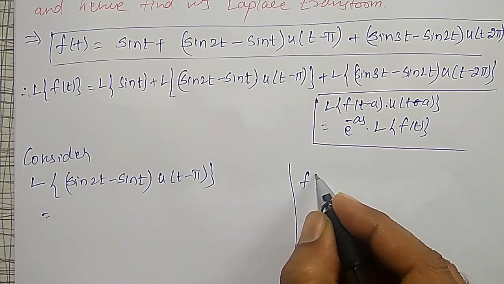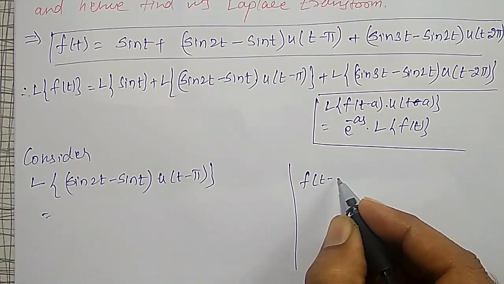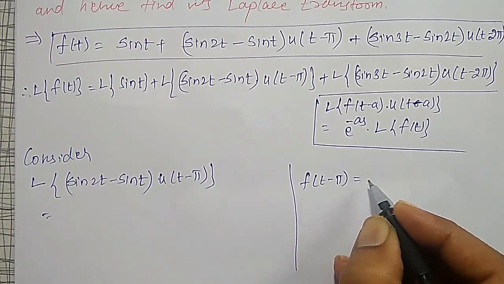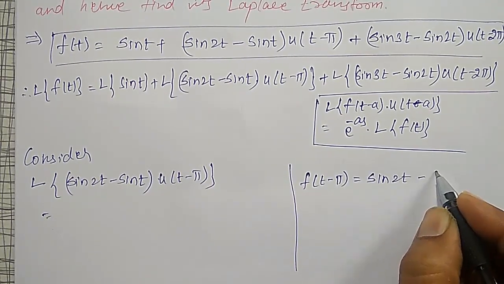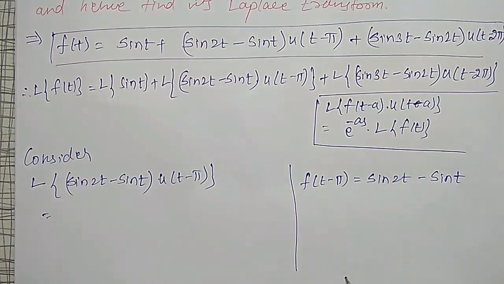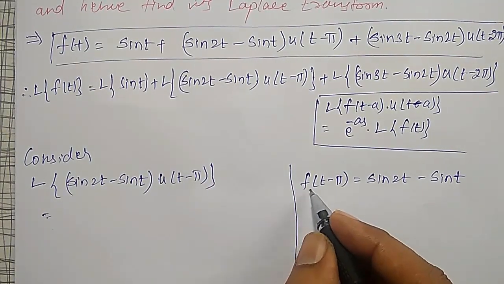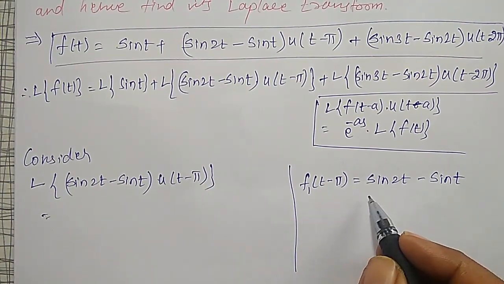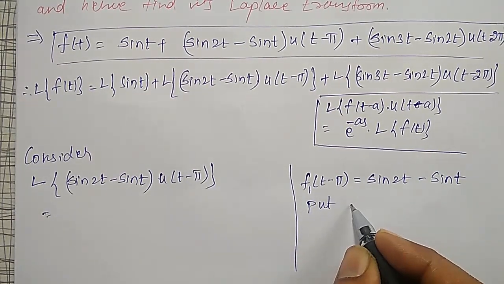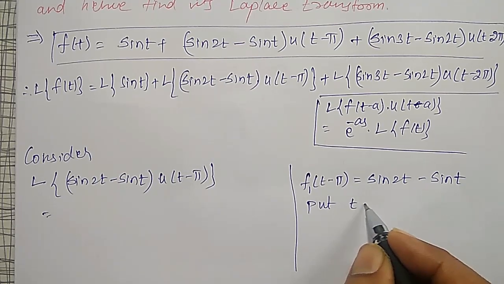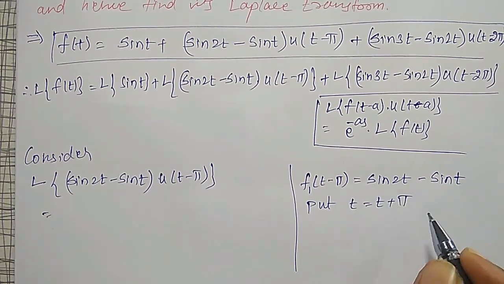Therefore f of t minus pi is equal to sin 2t minus sin t. To get f of t from this, let me call it as f1. To get f1 of t from this, let me put t equal to t plus pi.